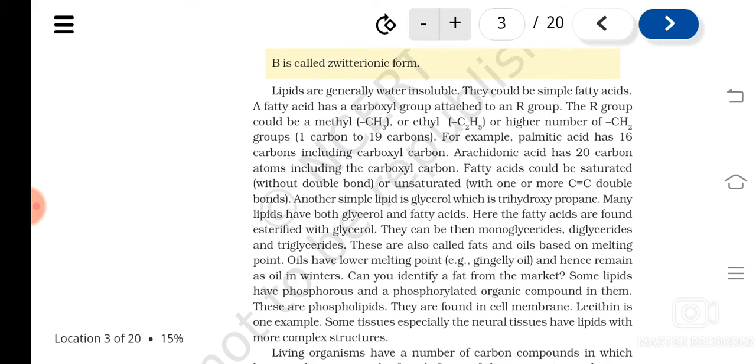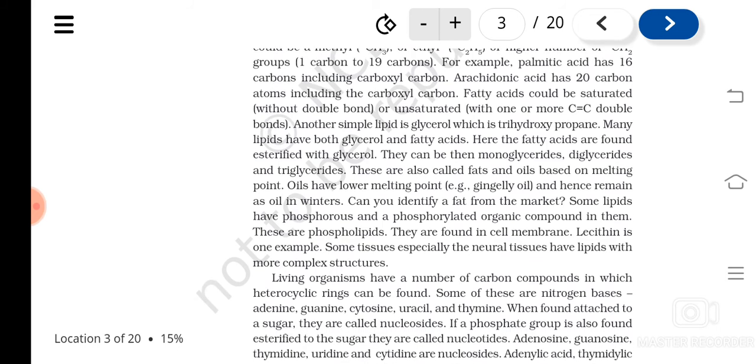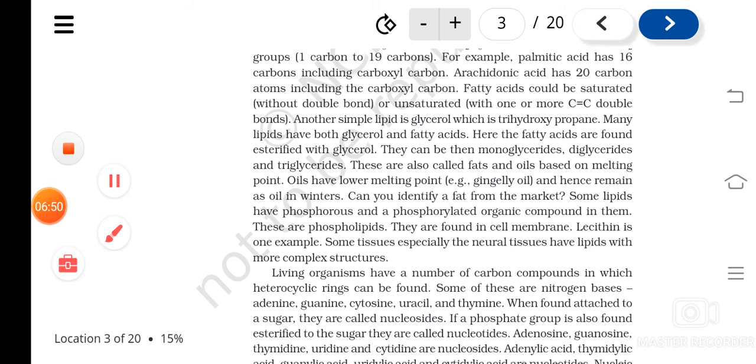Esterification reaction you might have studied in chemistry. The acid and the alcohol functional groups can react and form the ester. This kind of ester formation takes place during the formation of lipids.